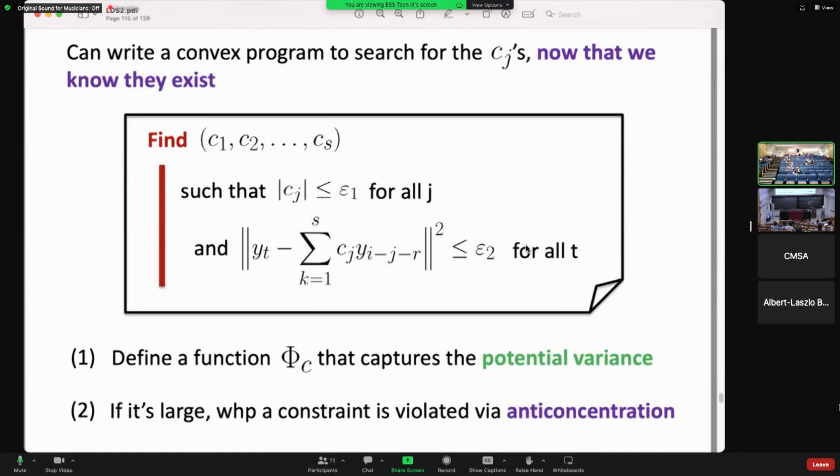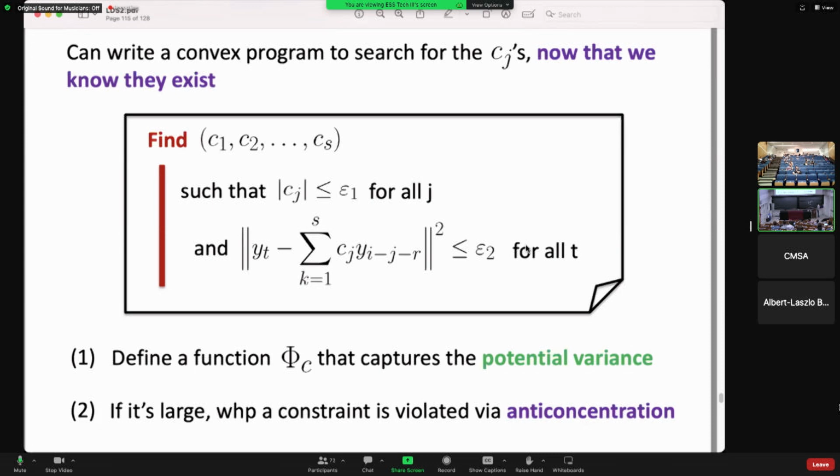Now, even here, analyzing this convex program is pretty involved, because the second constraint I'm imposing is the fact that my new y hat t doesn't blow up, right? But no one's to say that the CJs I find, if I reran the linear dynamical system, wouldn't cause a blow up then. Maybe the CJs I found were just an accident.